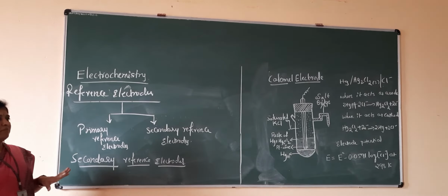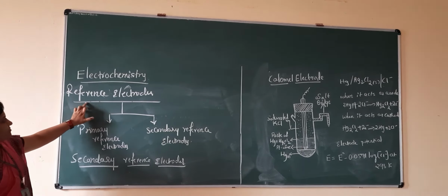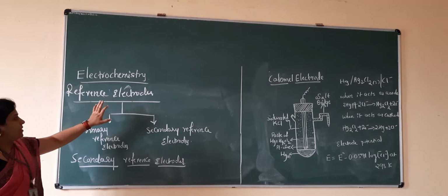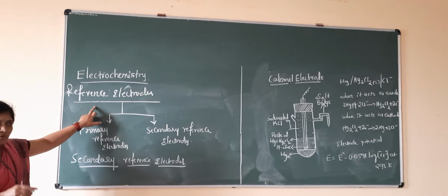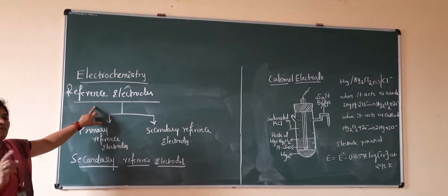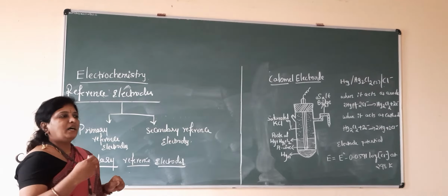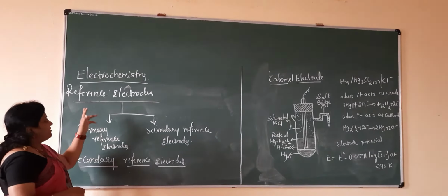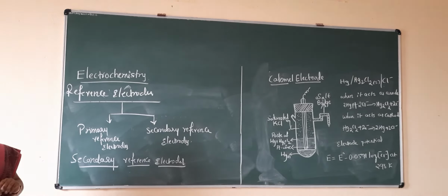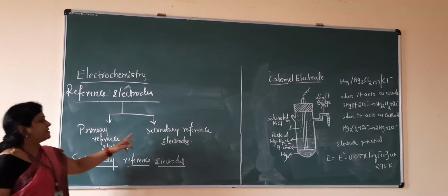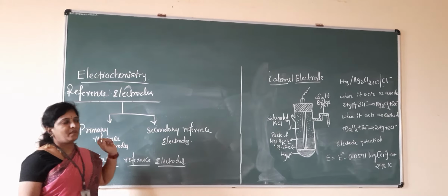Exactly like that, those are called reference electrodes. Reference electrodes are the electrodes whose electrode potential values are known and are used to find out the electrode potential of other electrodes. In reference electrodes, we have two types, that is primary reference electrodes and secondary reference electrodes.